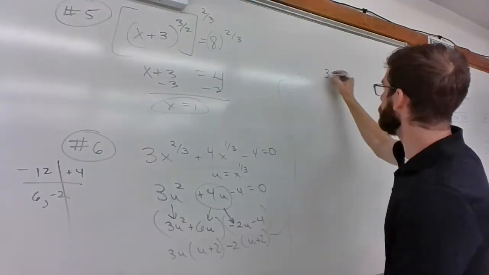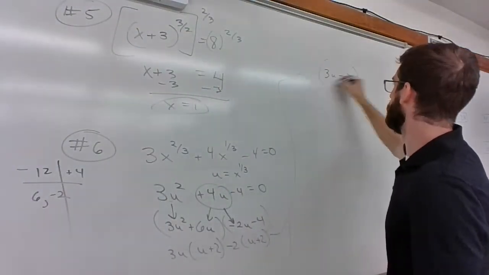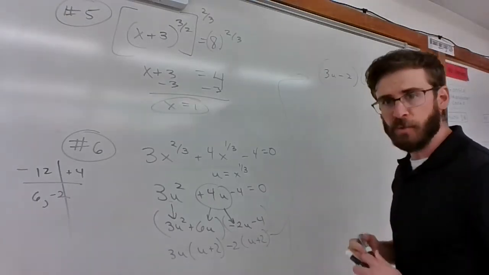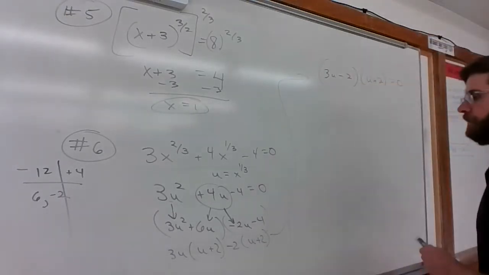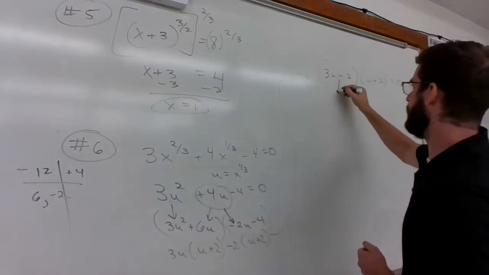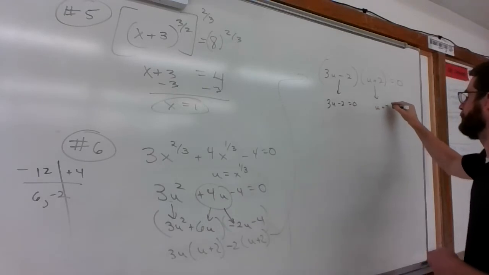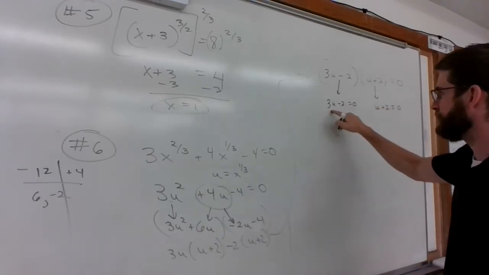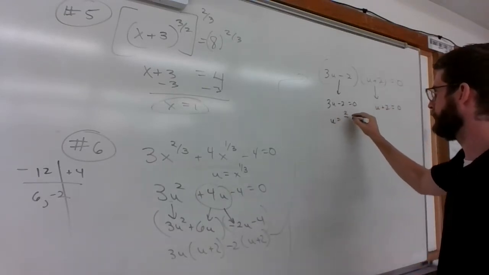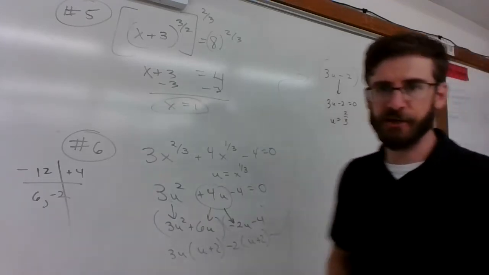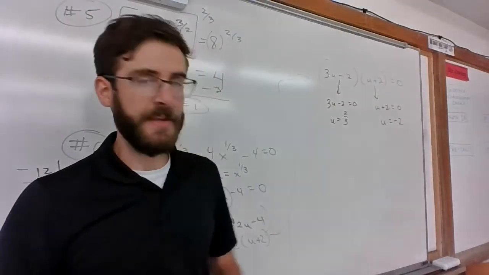This becomes 3u minus 2 times u plus 2 equals 0. So then you set this equal to 0, you set that equal to 0, add 2, divide by 3, minus 2, you get your 2/3 and negative 2.